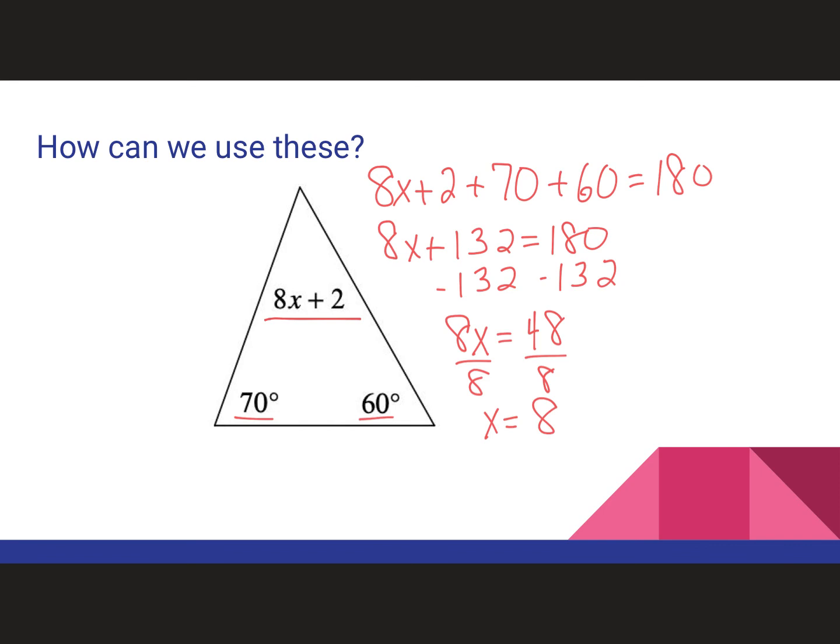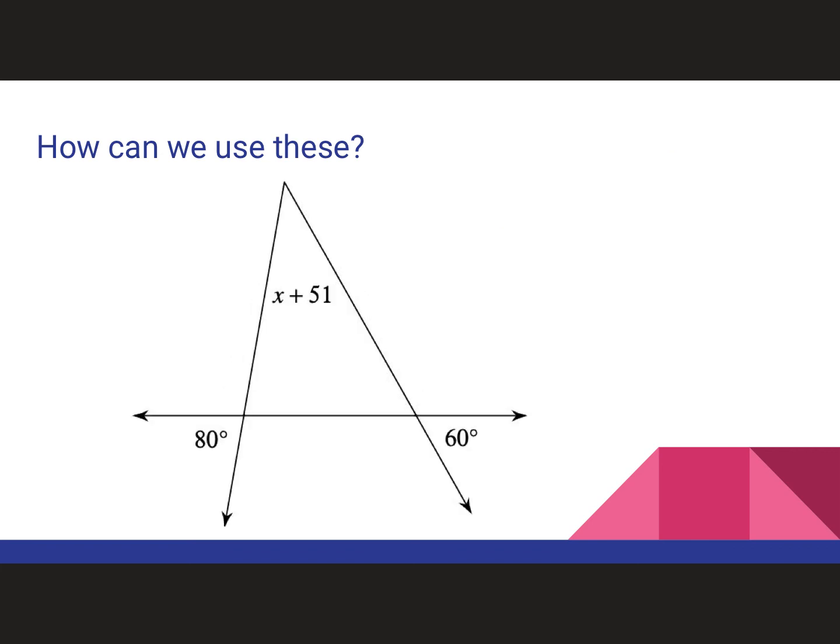And in this case, I'm trying to find x. If I wanted to know what this angle was, I could put the 8 back into it and find the angle. But I don't need to. I'm actually trying to find x. So let's come to this next one. Again, I know that these are vertical angles here. So I know that this is 80. I have another vertical angle here, so this is 60. So again, I have x plus 51 plus 80 plus 60 has to equal 180.